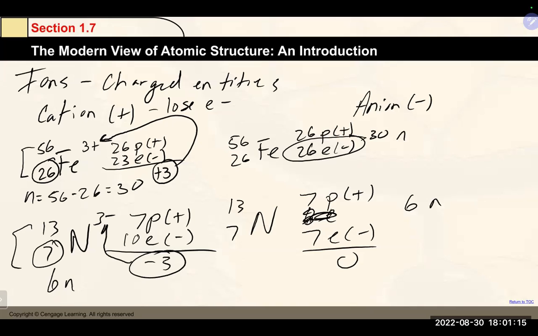And again, that is where the charge comes from. So when we look at nitrogen from neutral to its charged version, it actually gained electrons. Neutral nitrogen has 7. Nitrogen with a -3 charge has 10. And that is how anions are formed. They gain electrons. The cation loses electrons and the anion gains electrons in this particular case.